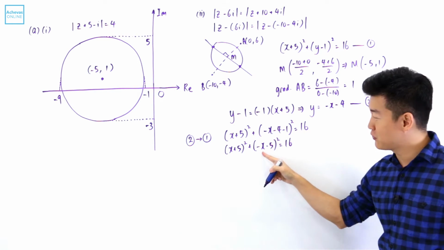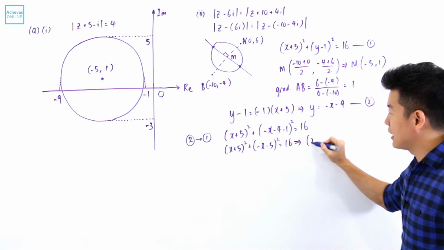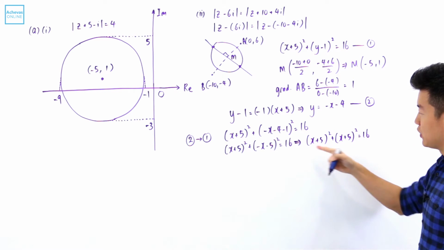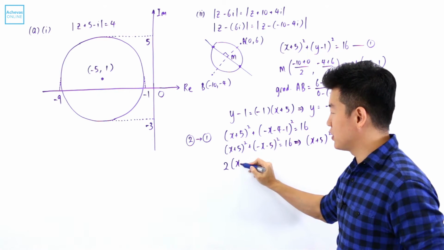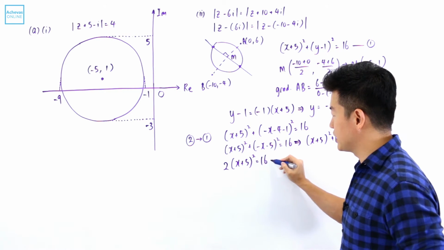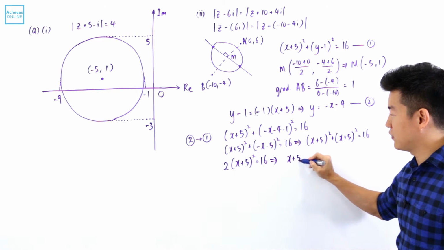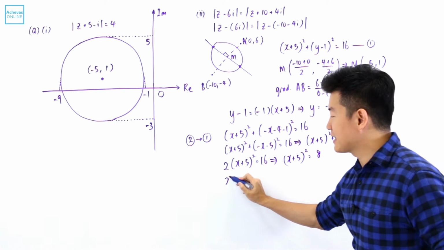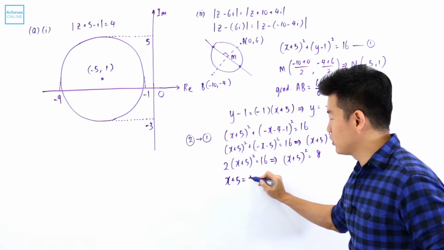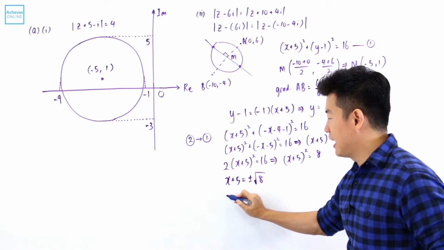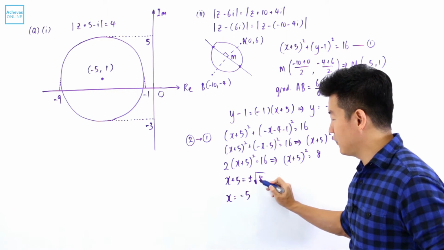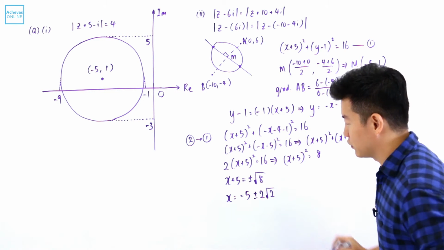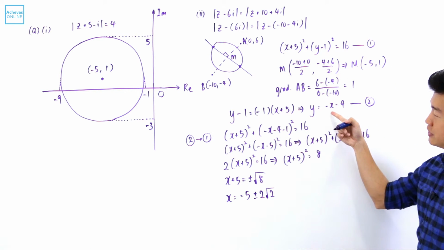In fact, minus x minus 5 squared, I can rewrite as simply x plus 5 squared also, which means that what I have here is going to be 2 times x plus 5 squared is equal to 16. So x plus 5 squared is going to be equal to 16 divided by 2, 8. So x plus 5 is going to be equal to plus or minus square root of 8, and x is going to be equal to minus 5 plus or minus square root of 8. Square root of 8 is square root of 4 times 2, so it is plus or minus 2 square root of 2.